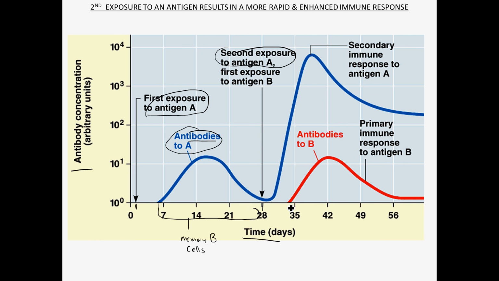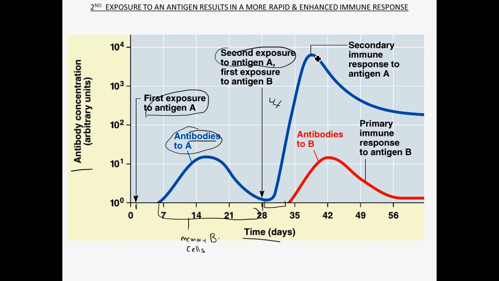But upon second exposure, those memory B cells and memory helper T cells are triggered, and you get a massive, very steep increase in a very short period of time. This is 10 to the 1, this is almost 10 to the 4, so you're getting almost a 1000-fold increase in the concentration of those antibodies, and it happens over a much shorter period of time, so you get a much quicker rate.